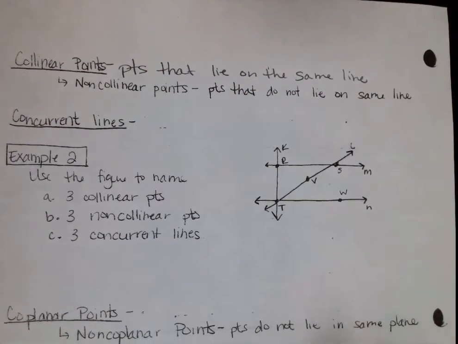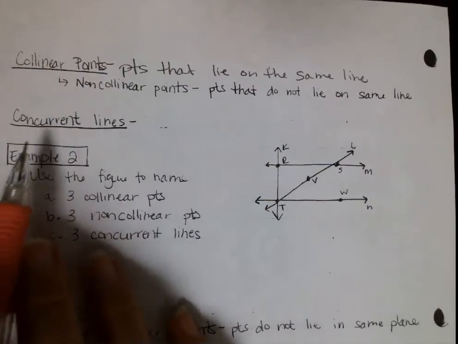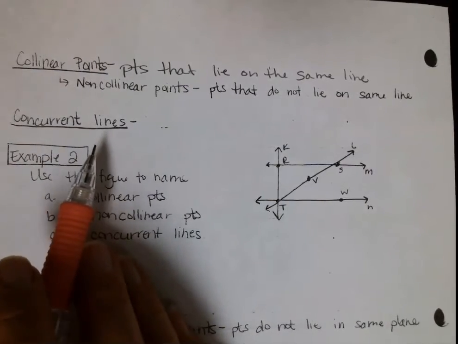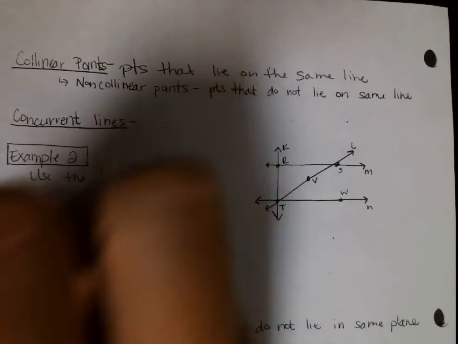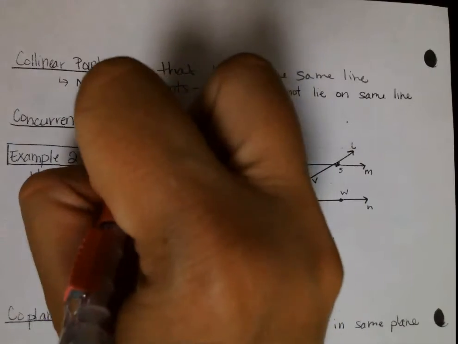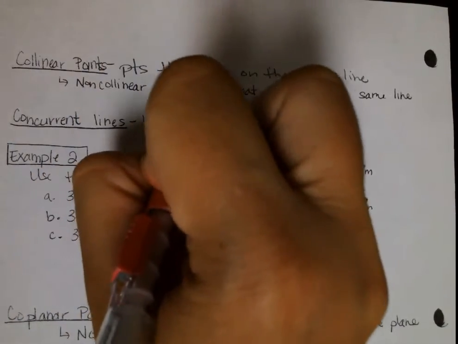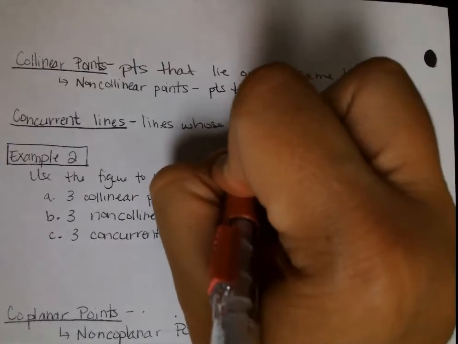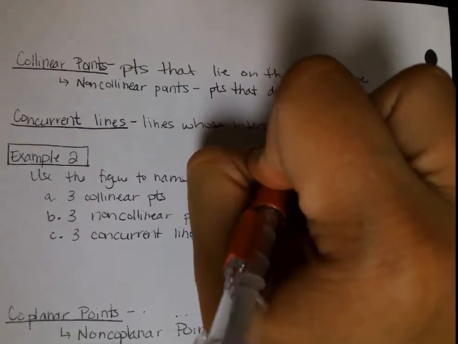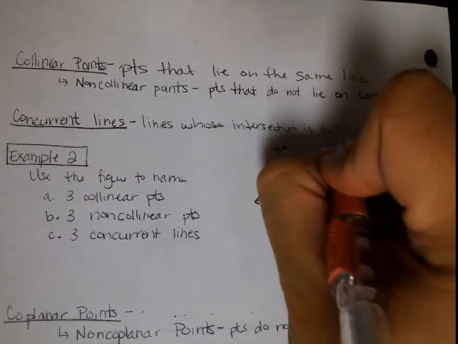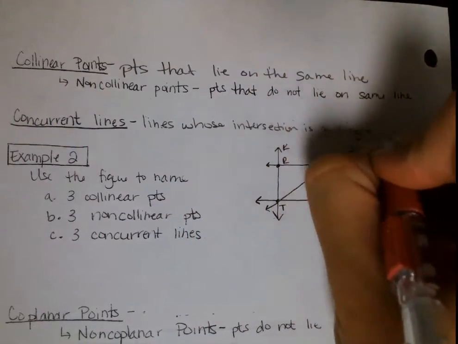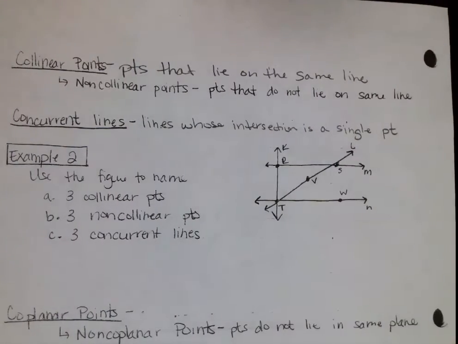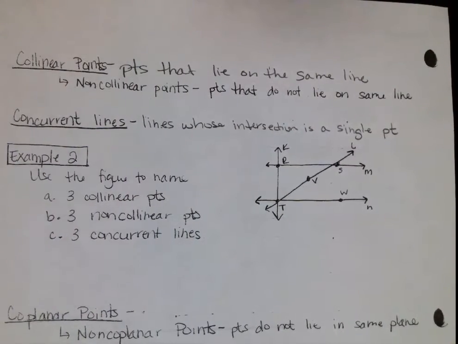Collinear and line is a dead giveaway. Concurrent lines are a little bit tougher. These are lines whose intersection is a single point. Again, I use a lot of shorthand, so PT is point, PTS is points.